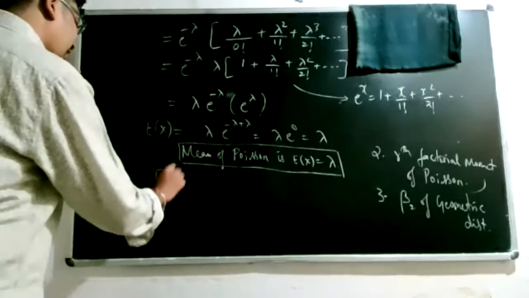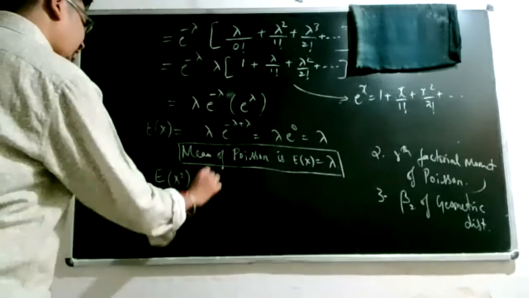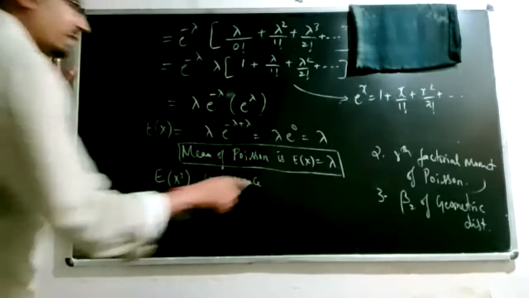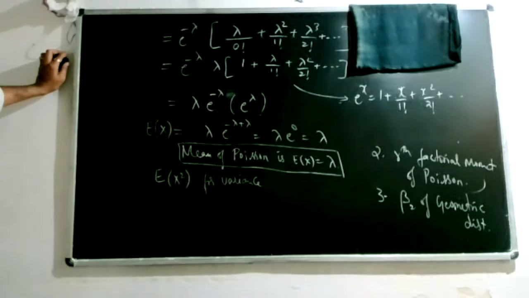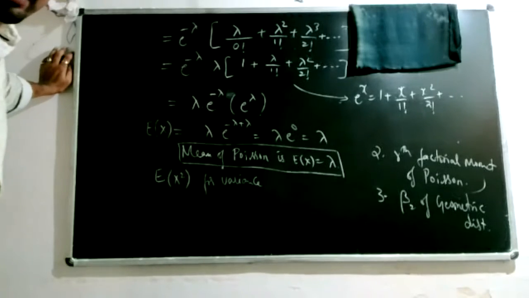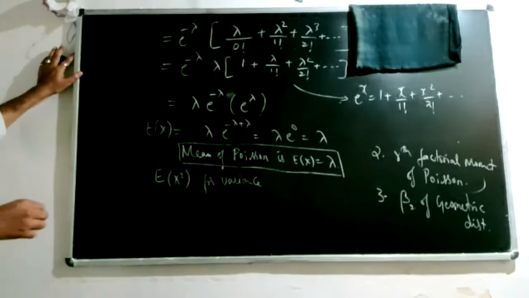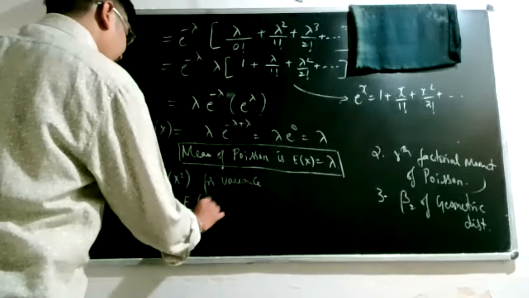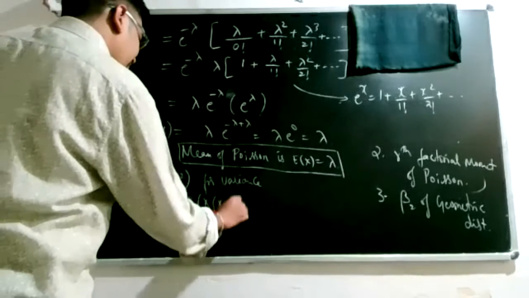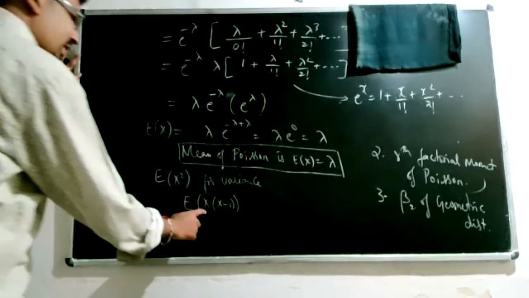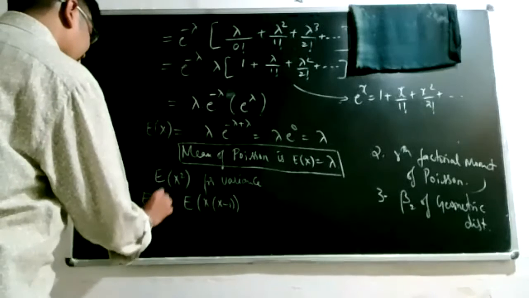Now we need E of x square for the variance, but we cannot compute E of x square directly because of the x factorial. And I have told you, whenever you are dealing with a term involving x factorial in the PMF, then computation of E of x square, E of x cube becomes difficult. So you have to use the factorial technique. So we can compute E of x into (x minus 1), which is basically E of x square minus E of x.